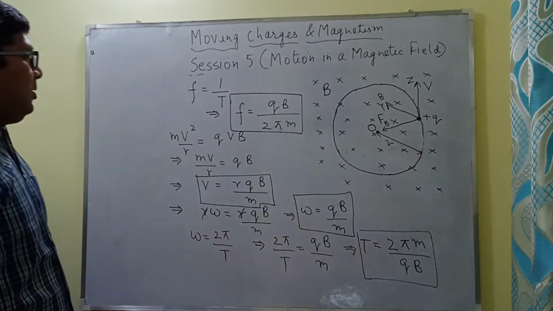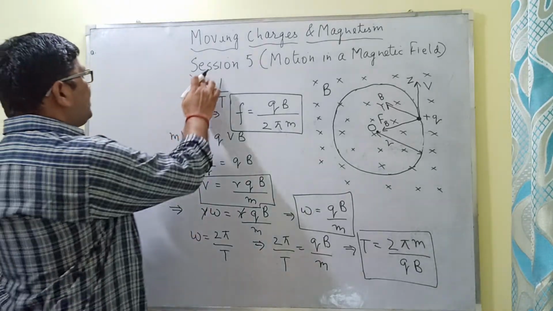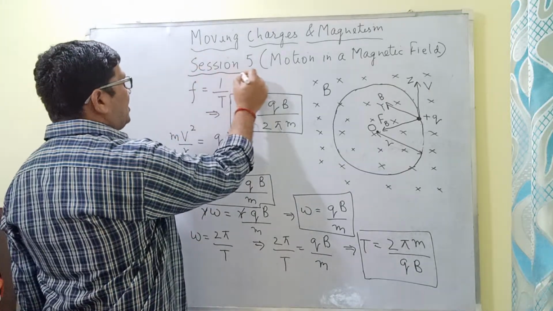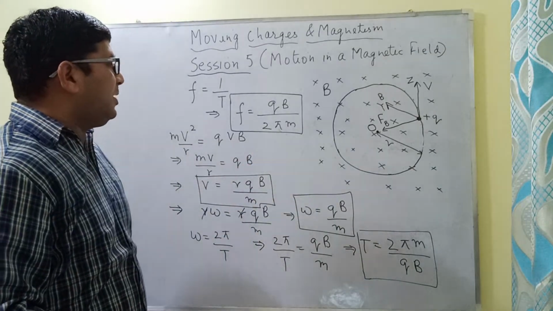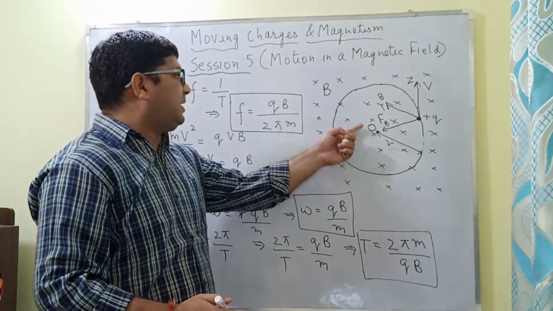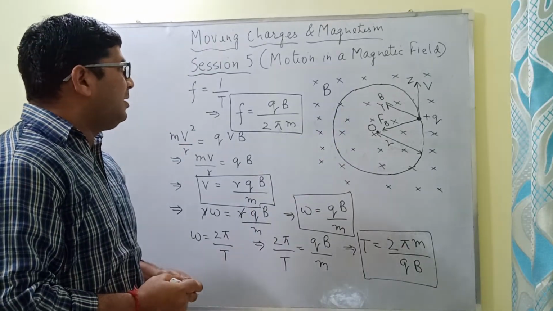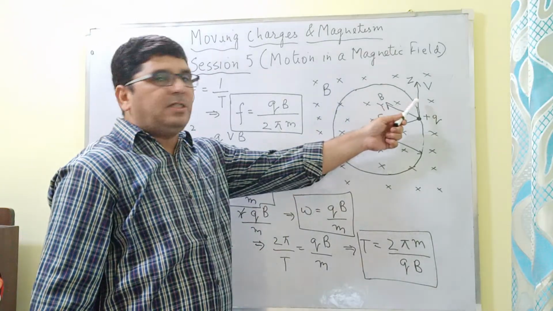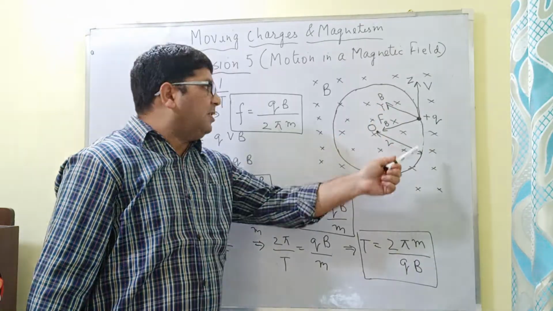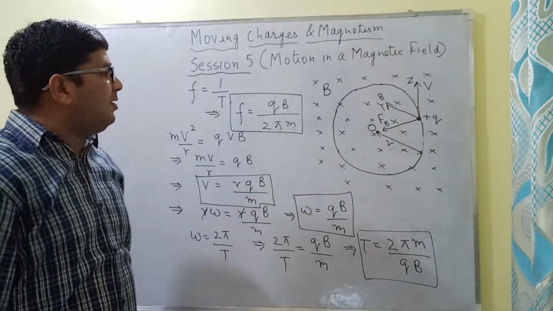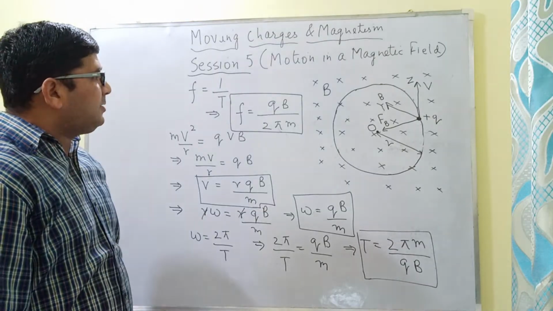So in this session I just wanted to discuss the motion of a charged particle when it is placed in an external magnetic field in such a way that the velocity of this charged particle is perpendicular to the direction of the magnetic field. In this case, this charged particle will follow a circular path.